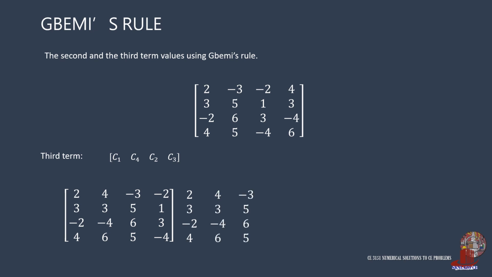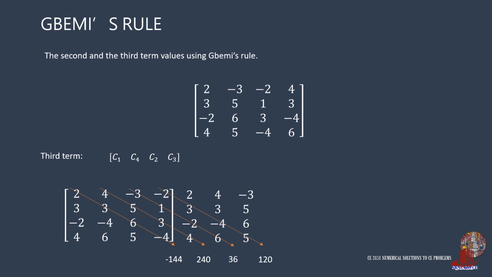Reflect the 3 columns before multiplying elements in diagonals. The first has 2, 3, 6, and negative 4, which are multiplied to negative 144. The next has 4, 5, 3, and 4, which are multiplied to 240. The third diagonal has negative 3, 1, negative 2, and 6, giving 36.